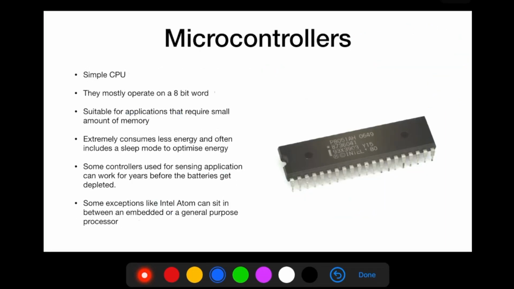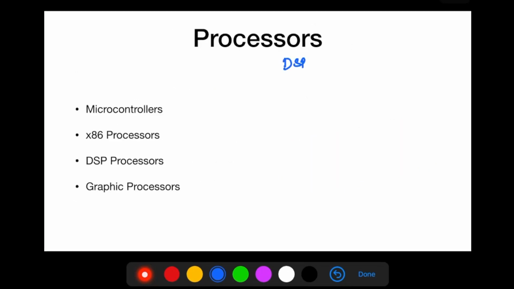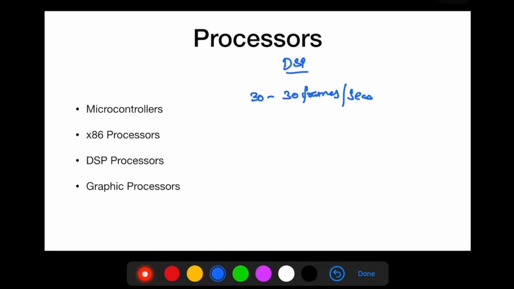So 4K means 4000 pixels, 30 means 30, FPS, correct. Good. So here generally 30 means 30 frames per second. Otherwise, we call it FPS.